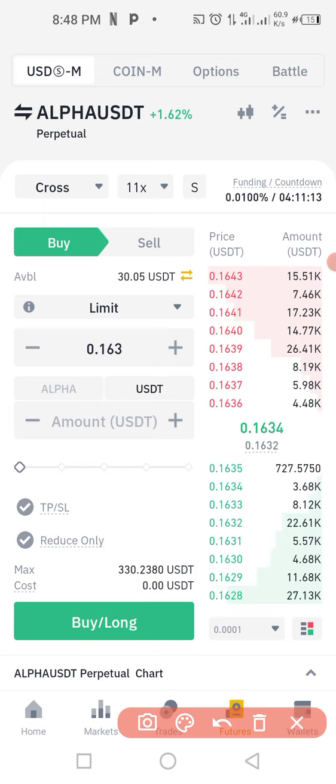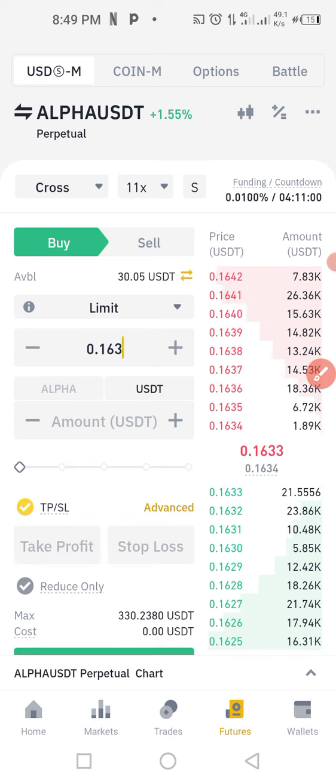Now, this is stop loss and take profit. This button here, that is the stop loss and take profit button.